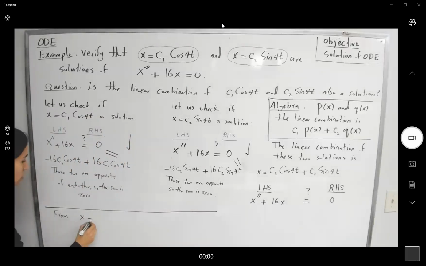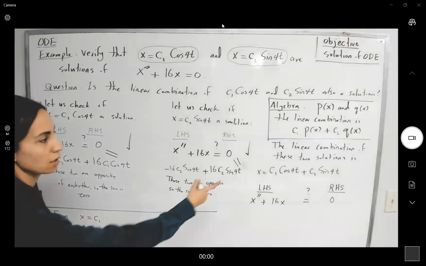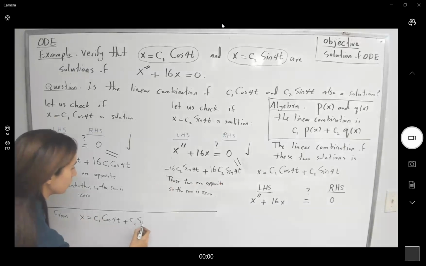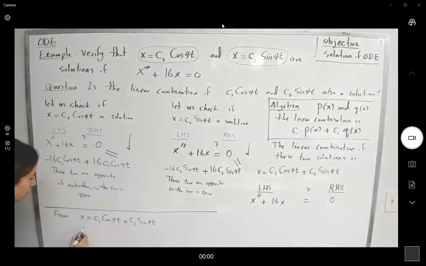For x to be C1 cosine 4t plus C2 sine 4t, the first derivative is equal to, well, you already have the second derivative. Why not use it?